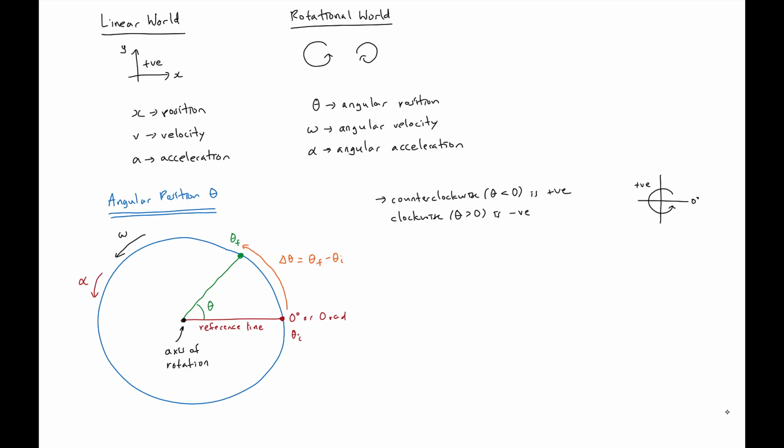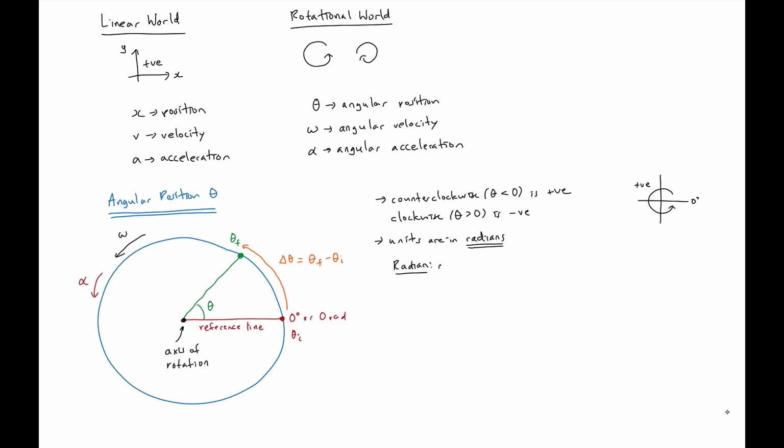Next, the units for angular position are in radians. And what exactly is a radian? A radian is the angle for which the arc length on a circle of radius r is equal to the radius of the circle. Let's write this definition down and try to make sense of it.